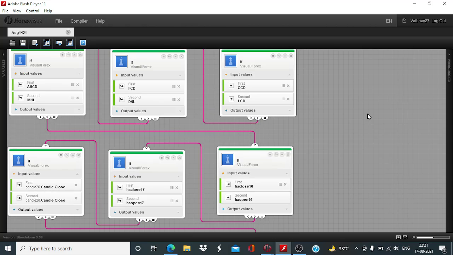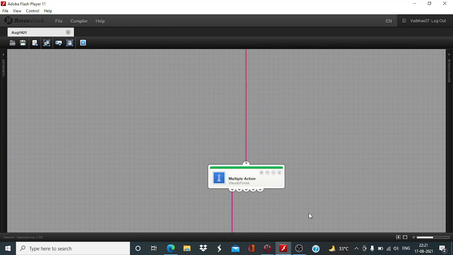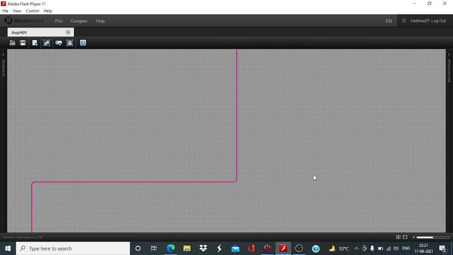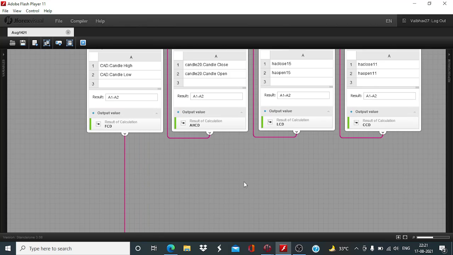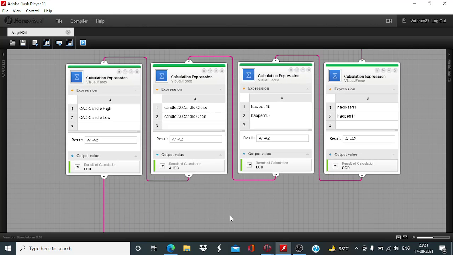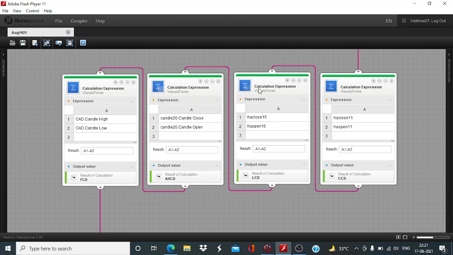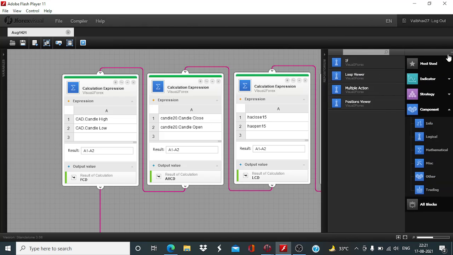That means we are going to need 7 if blocks, and we also have to carry out certain calculations to define the conditions. For that, we are going to need 3 calculation expression blocks, as this calculation output will be common, but we will have to invert these 3 calculations and carry them out anew.